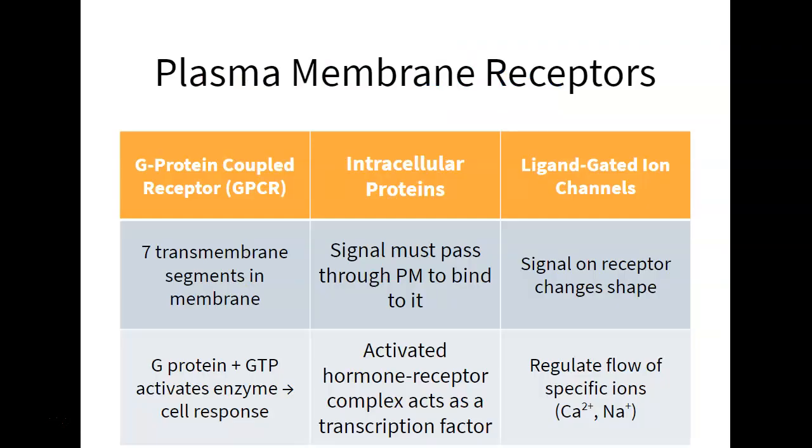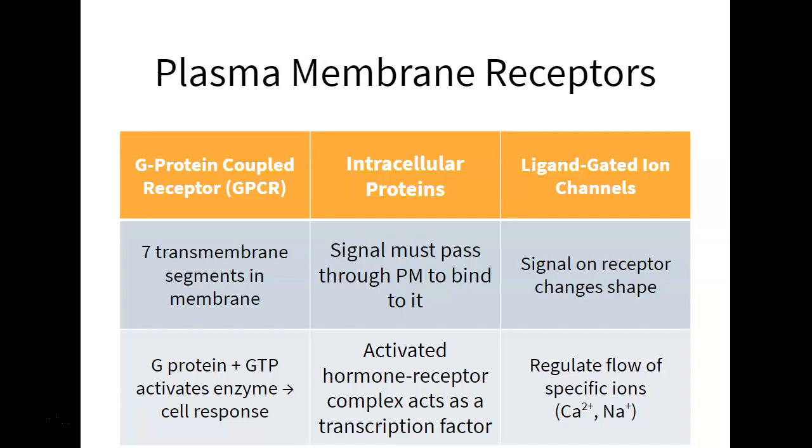So here's a table that goes through the different types of receptors. On the left, we had the G protein coupled, which again had the 7 transmembrane segments, and there's a partner G protein that becomes activated and can trigger a response by activating some kind of enzyme to do something.